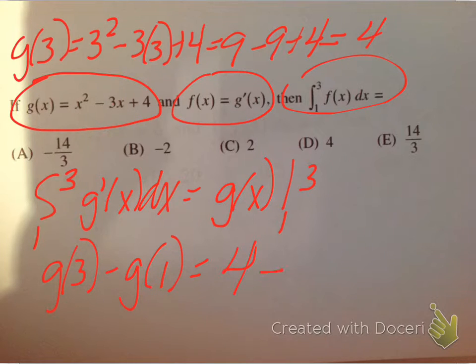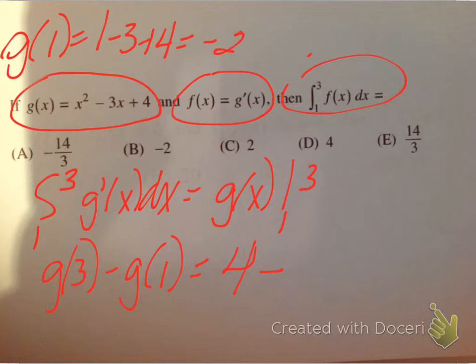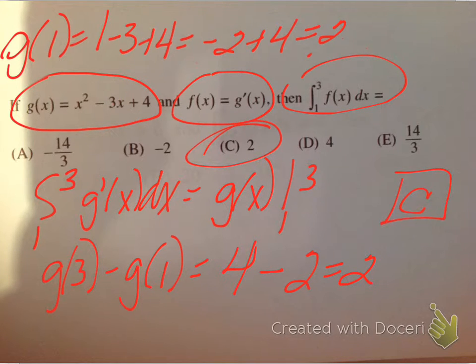Okay, so 4 minus, and now I need g of 1. So g of 1 is going to give me 1 minus 3 plus 4. That's negative 2 plus 4, that equals 2. And 4 minus 2 is 2, which is choice C.